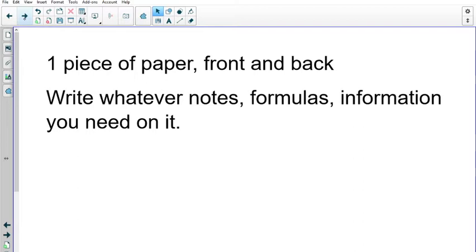So this is just to get you more organized, and it will help you study. Because by writing down what these different formulas and theorems and pieces of information are, you are studying, you are preparing, and you'll be able to better pull that information out of your mind anyway.